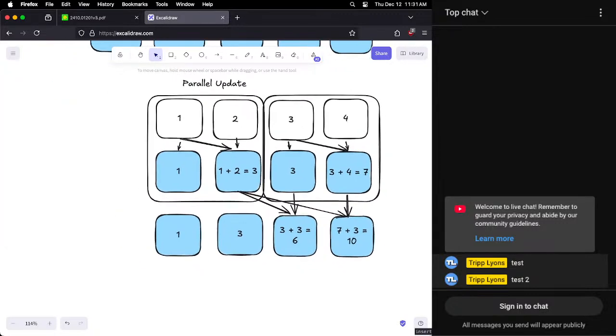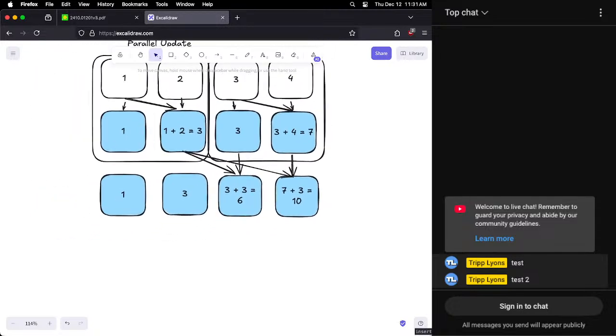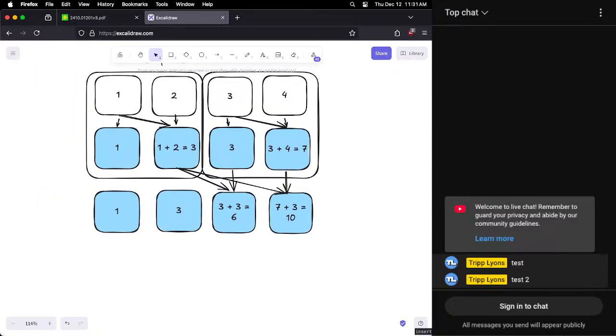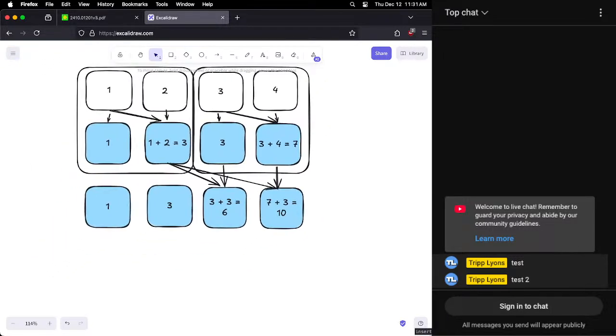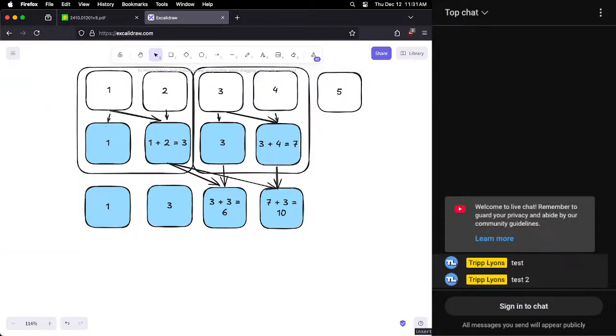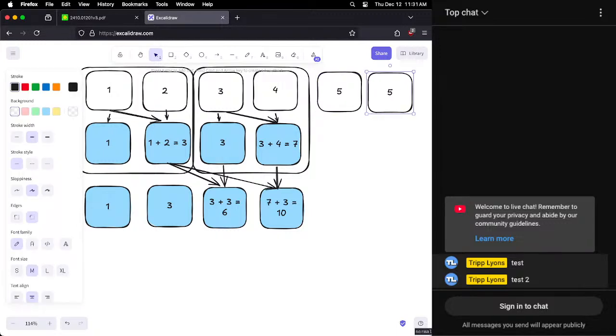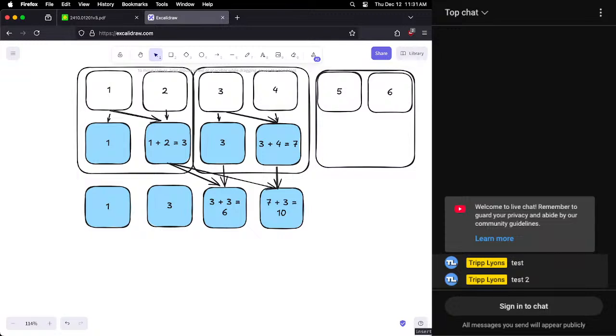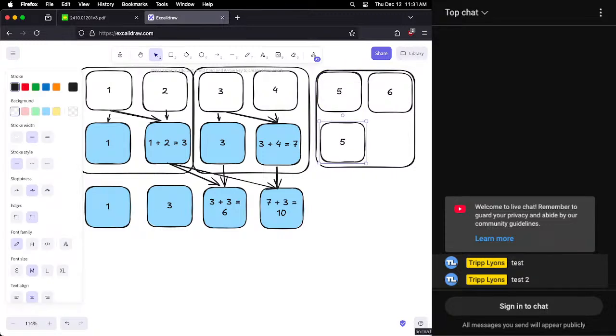And you could imagine extending this to even further sequences. So after this, if there were more things over here, like a 5 and a 6, they get an update.